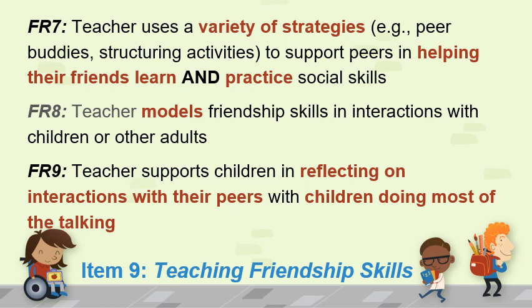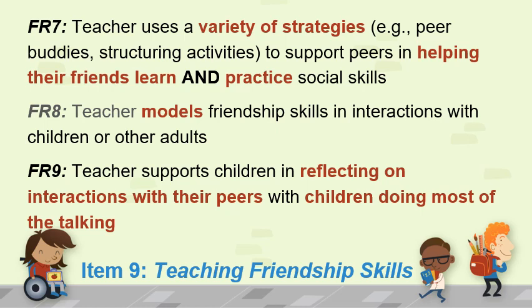FR9, teacher supports children in reflecting on interactions with peers, with children doing most of the talking. So you want to pose questions to the child or the children to reflect on their interactions with their peers.